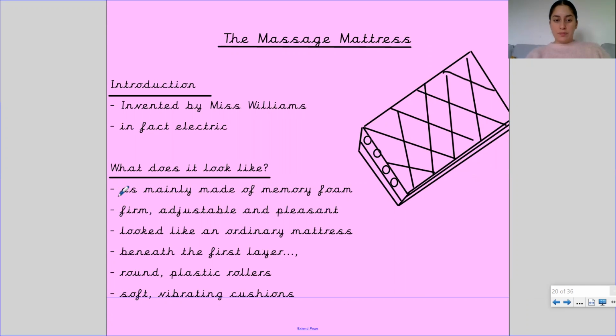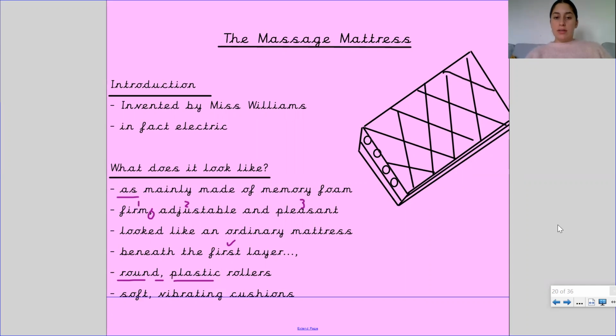I've used a subordinating conjunction. I've used the power of 3. You don't need to do that on your plan. I'm just showing you what I've used. Beneath the first layer, I've used the different sentence starter, and I've used expanded noun phrases. So I've ticked all the boxes.